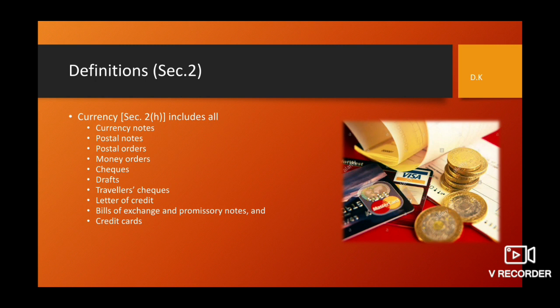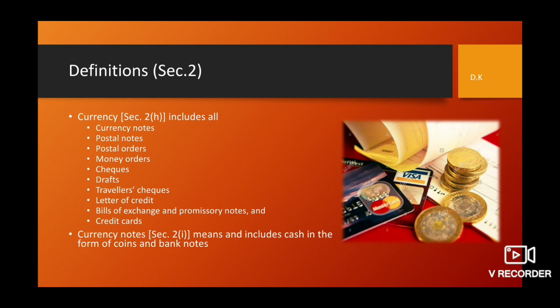These are the various terms which are included in the term currency. Not only this much, it also includes such other similar instruments as may be notified by the Reserve Bank of India. In addition to this list, the Reserve Bank of India may include other similar instruments.